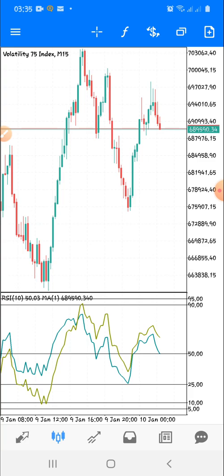But when the RSI has crossed the 50 line, the 50% line, it means the selling power is there.